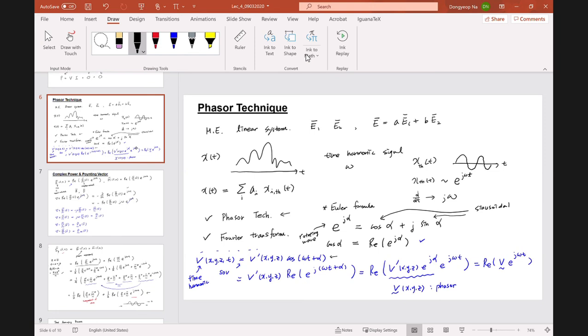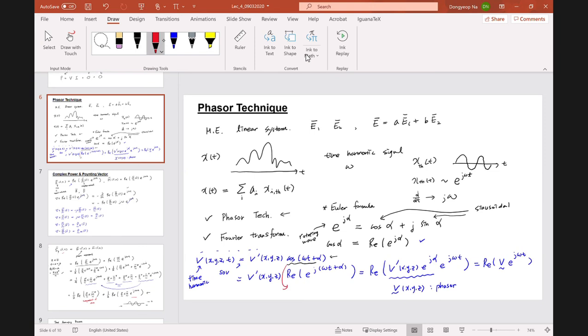Actually it takes the form of a cosine, but we add another arbitrary factor alpha summed with omega t, so depending on alpha, it can be a sine function as well.